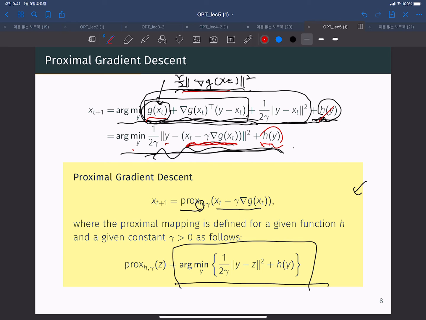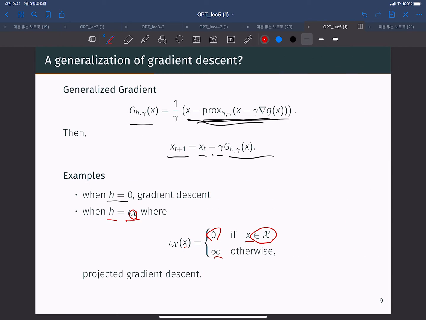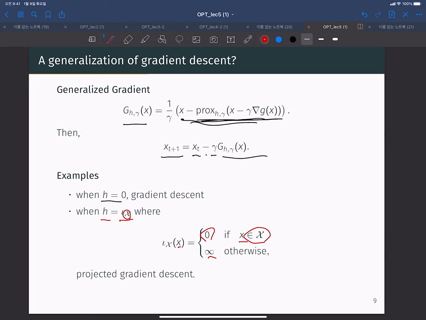But this value goes to infinity outside, so we don't care about the outside of the convex constraint set in this equation. So this is equivalent to the projected gradient descent approach. So we can define the simple original gradient descent, and we can define the projected gradient descent algorithm using this generalized gradient descent. This is the proximal gradient descent concept.